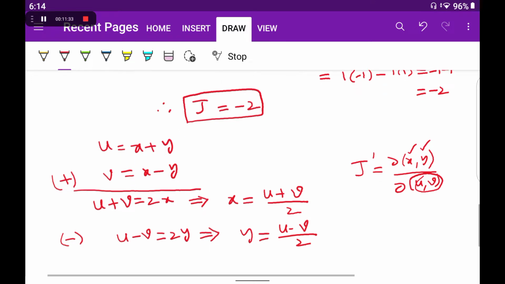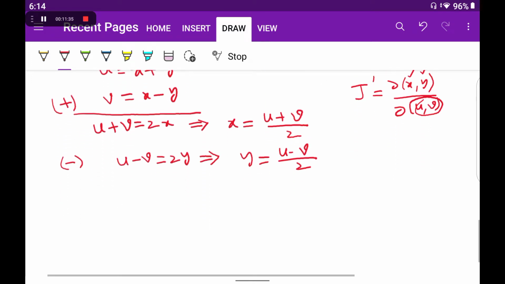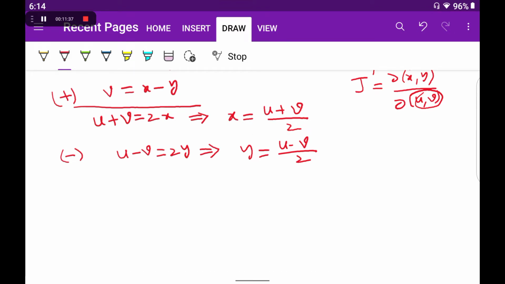Now you got both x and y. x is u by 2 plus v by 2. y is u by 2 minus v by 2.